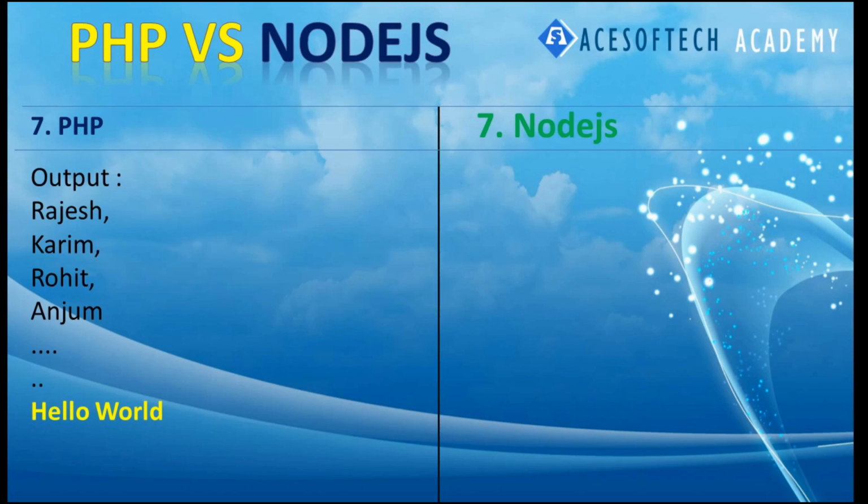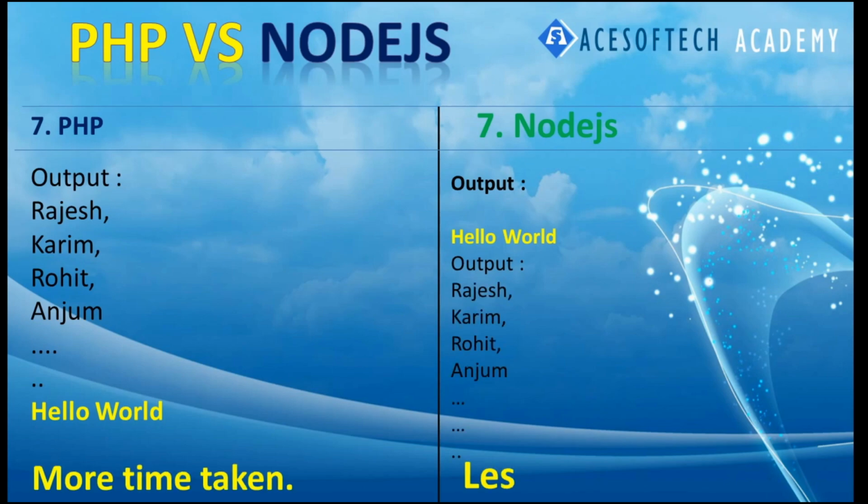So unless the first task is finished, it doesn't perform the second task. But in case of Node.js, you can see it will print like this: hello world first, and then Rajesh, Kareem, Rohit, and June. So the PHP one will take more time, and in case of Node.js, it will take less time.